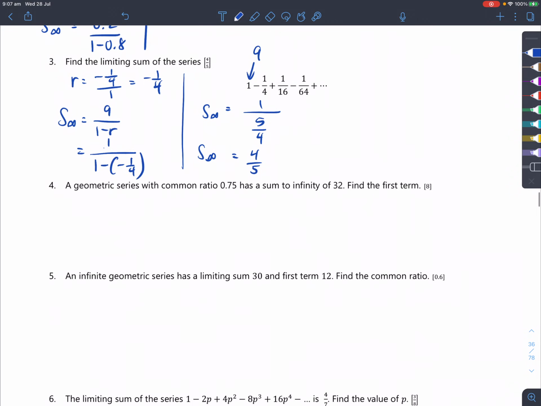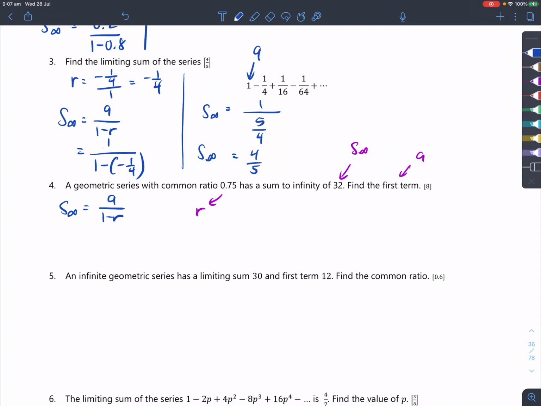Question 4. A geometric series with a common ratio 0.75 has a limiting sum, or sum to infinity, of 32. So in this case, this number here is S infinity, whereas this is just r. Find the first term, which is a. So let's put our formula out, which is a over 1 minus r.